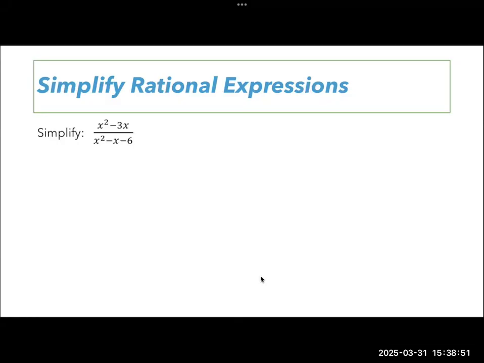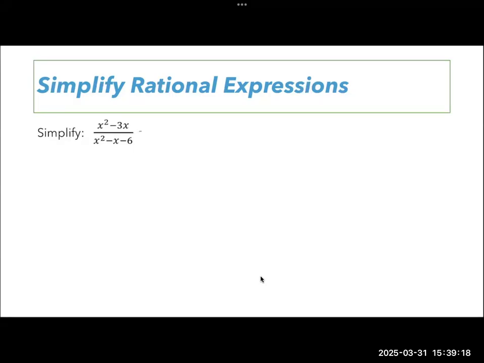Based on previous lessons and units, we should know how to factor these polynomials. So when we are simplifying, one of the first things we need to do is factor the numerator and the denominator as much as possible.